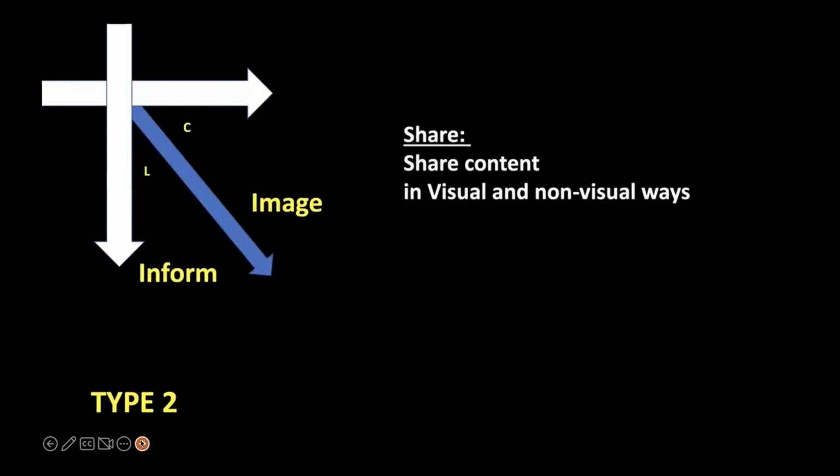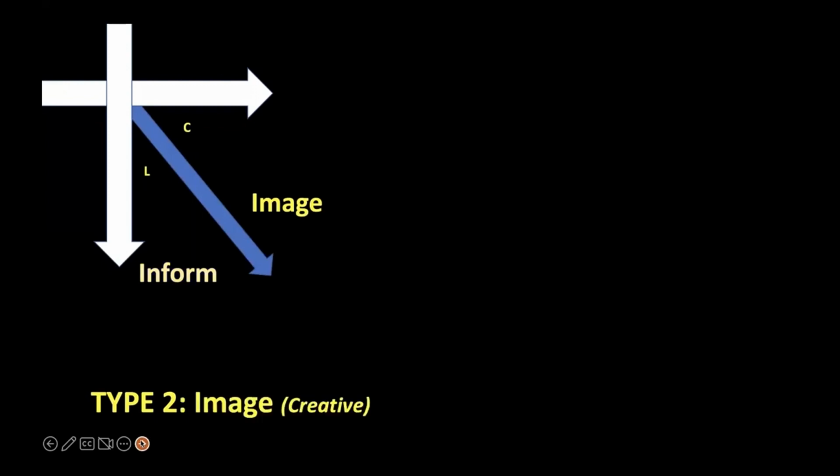Okay, so the main idea of the type what is to share content in visual and non-visual ways. And today we are going to be focusing on the image part. There are two parts of what? Image and inform. In my class, we are going to be focusing on the image part, the creative part. That's the main thing which I like about this category of image.